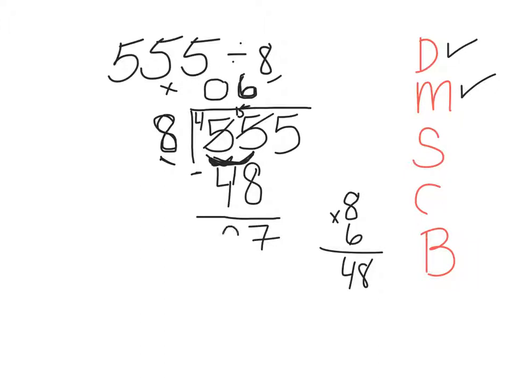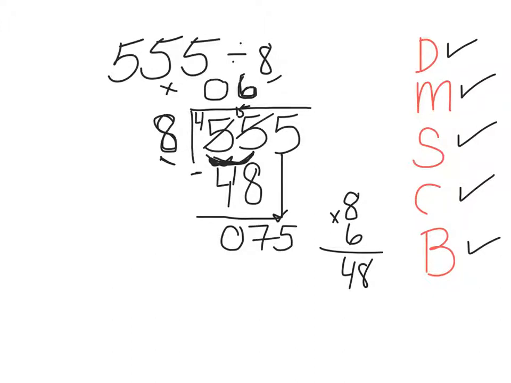And 4 minus 4 is 0. Let's check our work. Remember, we're looking to see if our subtraction answer is less than the divisor. If it is, which it is here, then we're good to go. Now the B, which means we have to bring down the next number in our dividend, which is our 5. A lot of 5s in this problem, so we're going to bring it straight down.